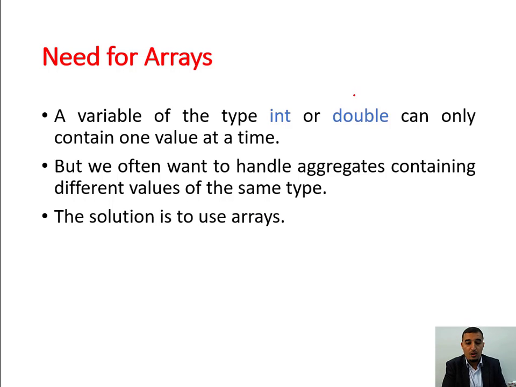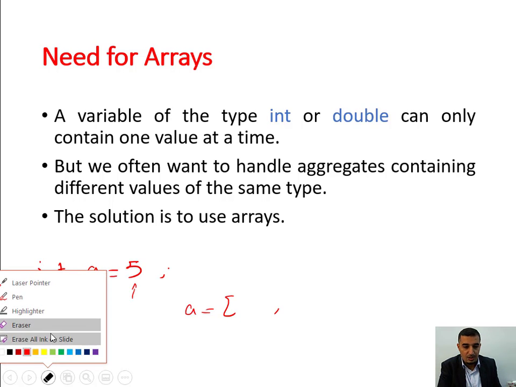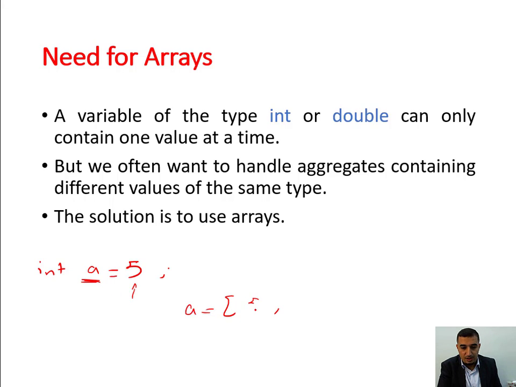So first of all, why do we need arrays? Basically, up till now, if I want to say integer a, I will give a value, let's say, of 5. Now, a can have only one value. What if a represents different values, let's say 5, 6, 7, and 8?